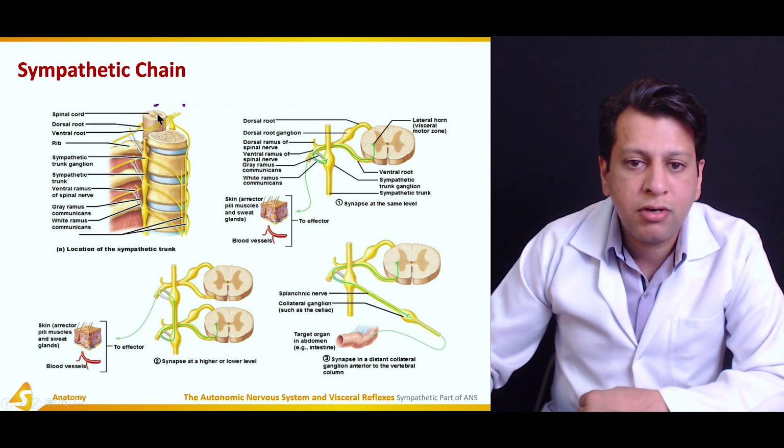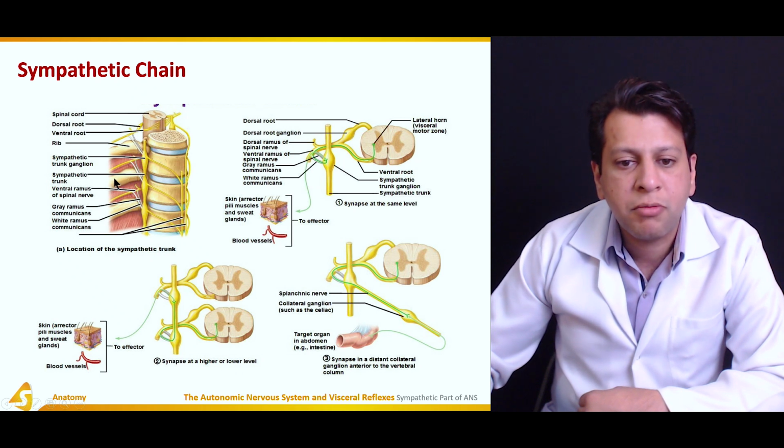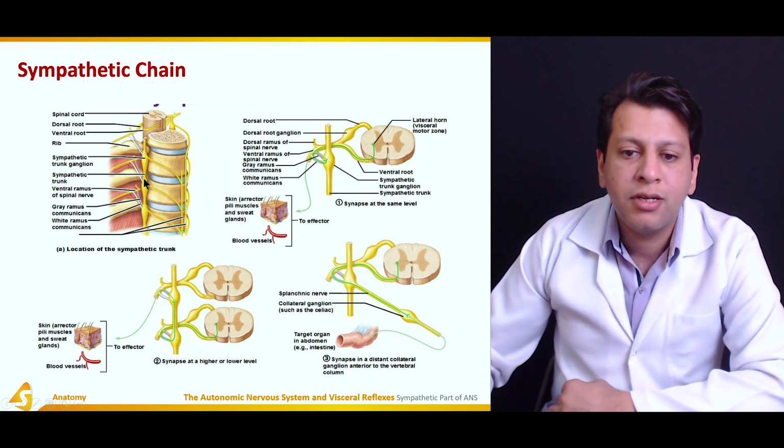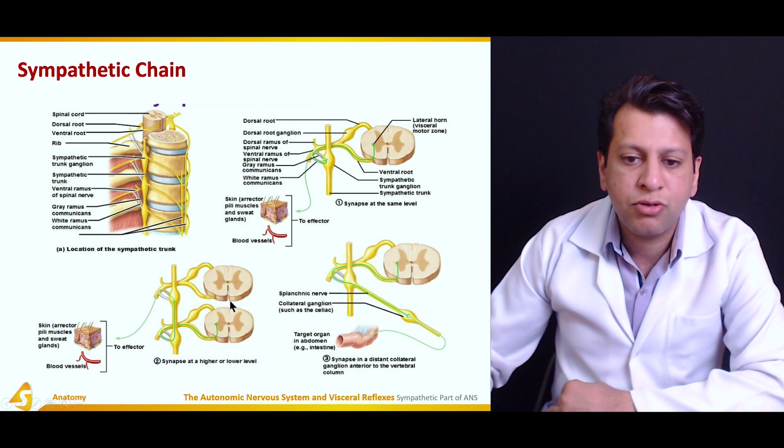The fibers come out and first synapse over here, and from there onward, after synapses, these sympathetic nerves which arise are the postganglionic fibers and form the splanchnic plexus, and different plexuses are formed.